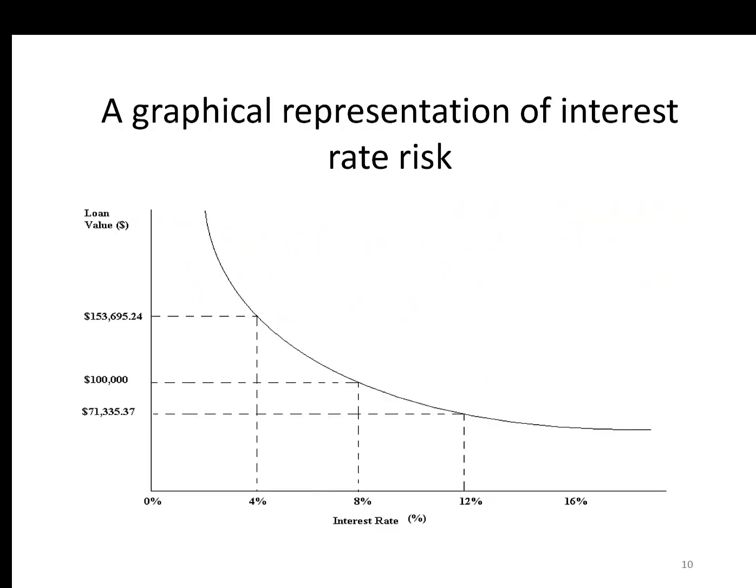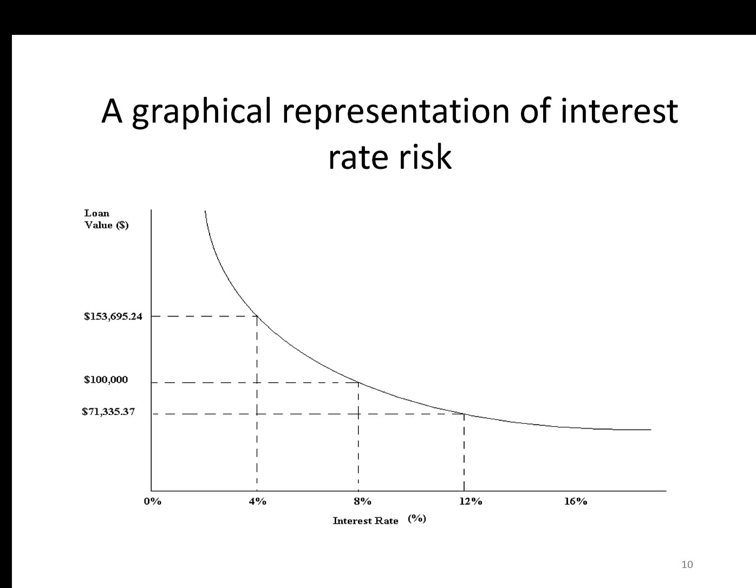This graph shows the representation of interest rate risk. What we can see is, if the market interest rate is 8%, the same as the contract rate, the present value of all the future cash flow to the lender of this loan will be the same as the loan amount, $100,000.